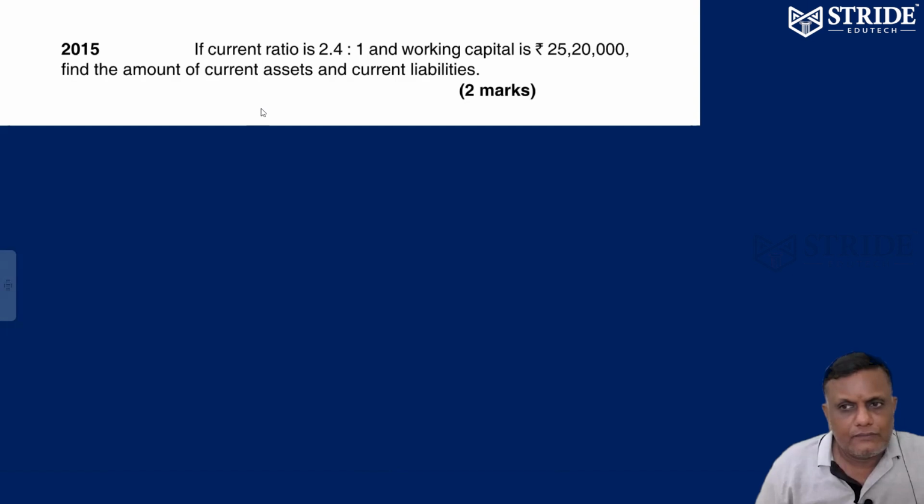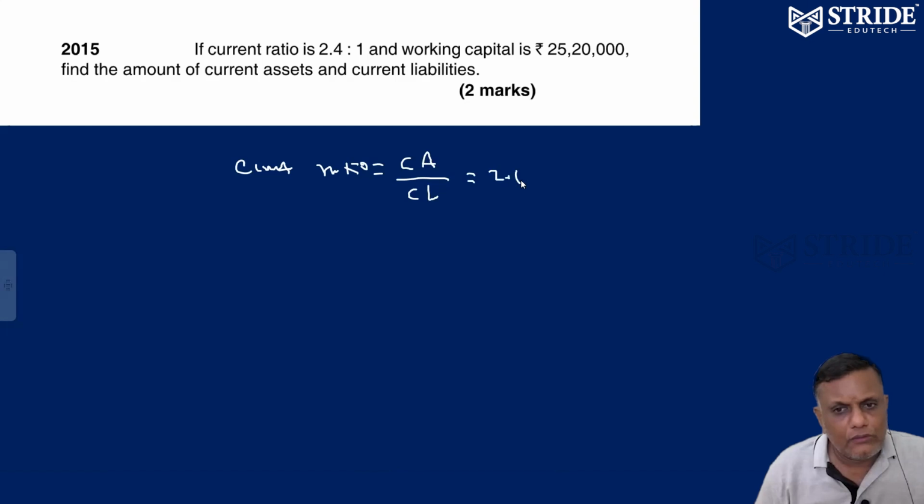You find current asset and current liability. So current ratio is current asset by current liability, which is equivalent to 2.4 by 1. Working capital is current asset minus current liability, which is 25,20,000.